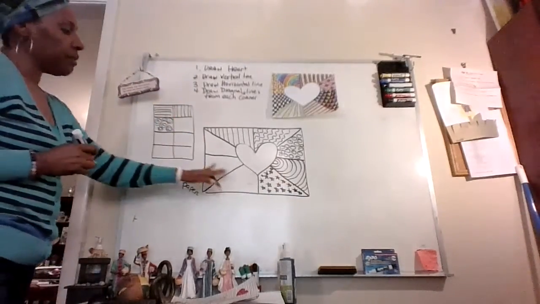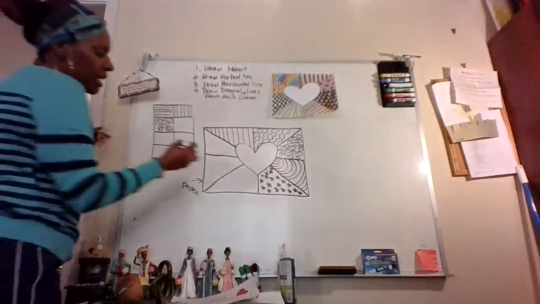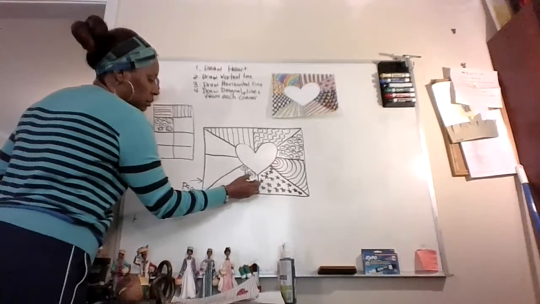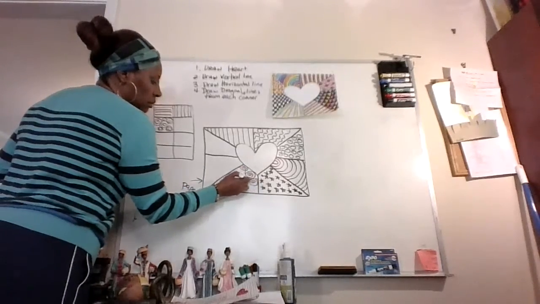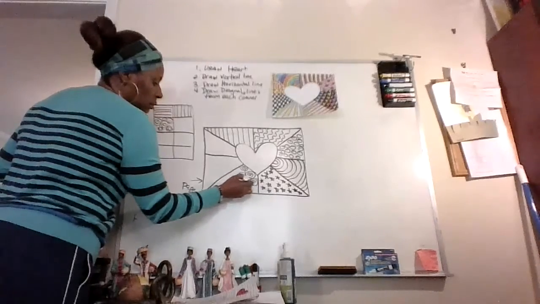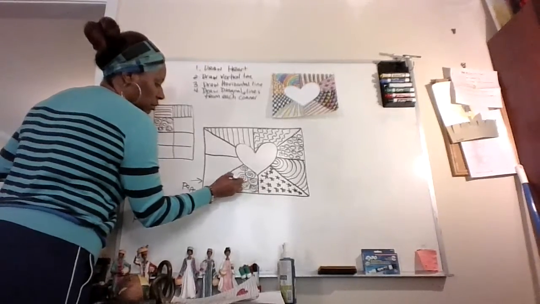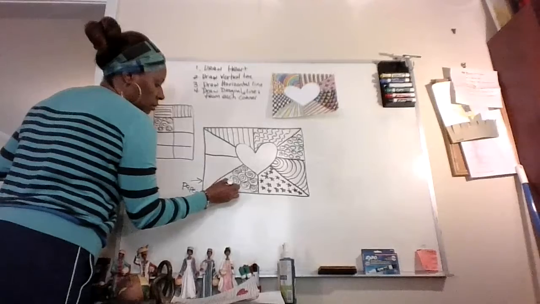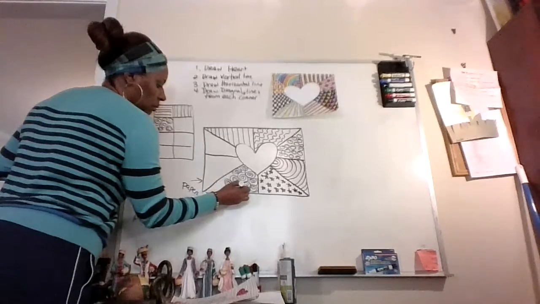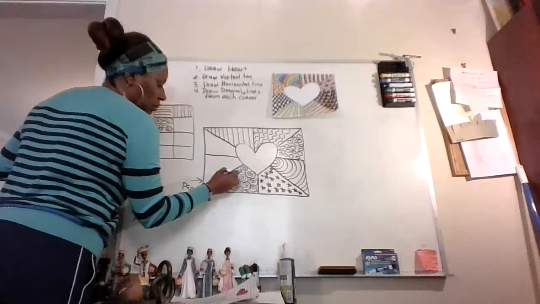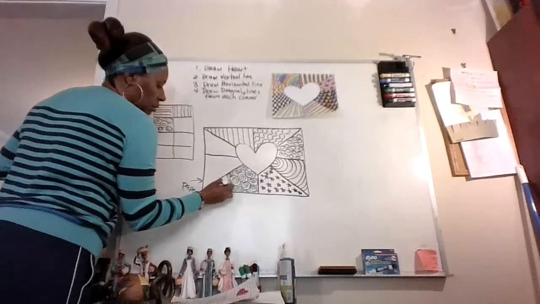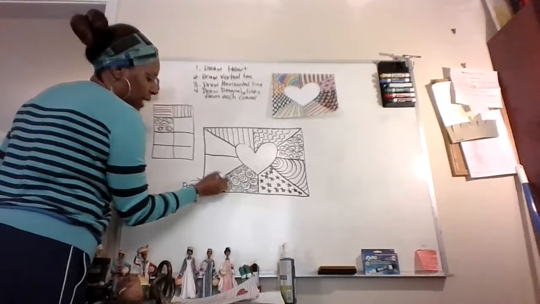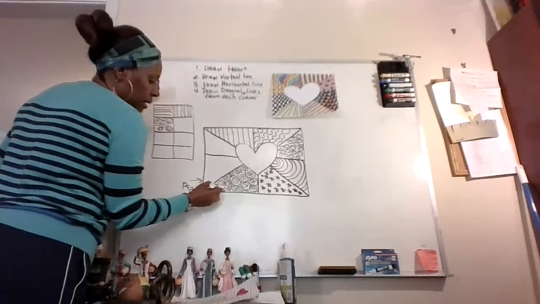All right, so now I only have 3 more sections. I'm going to do my swirls. That's one of my favorite ones to do. And notice I'm not overlapping into my next one. I keep that one clean for my next set of patterns.